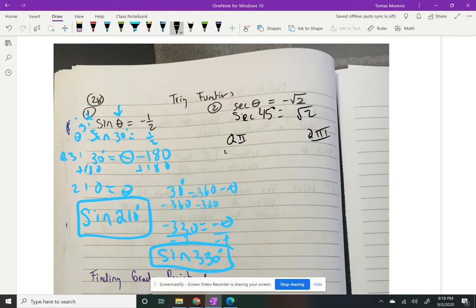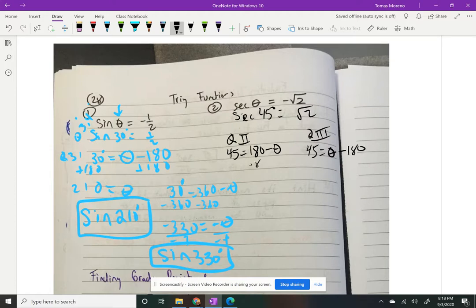Let me write that a little bit better. Quadrant 2 means I'm going to have my reference angle equal to 180 minus theta. And quadrant 3 would be my reference angle equals theta minus 180.